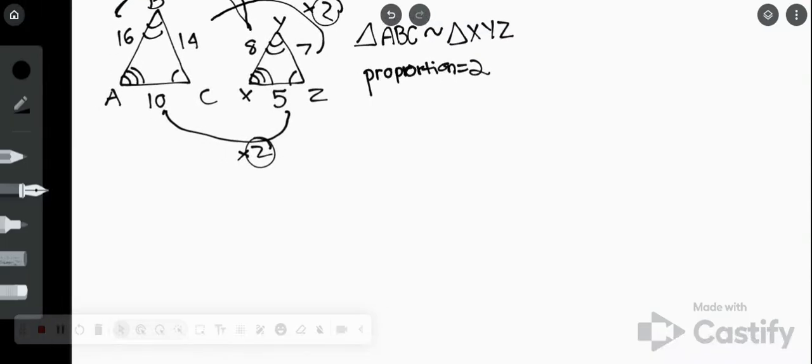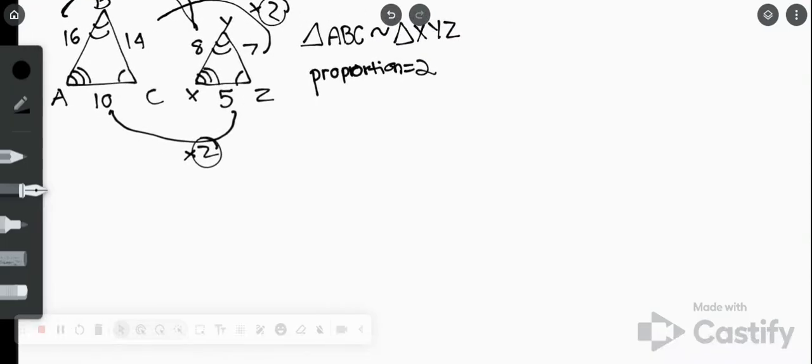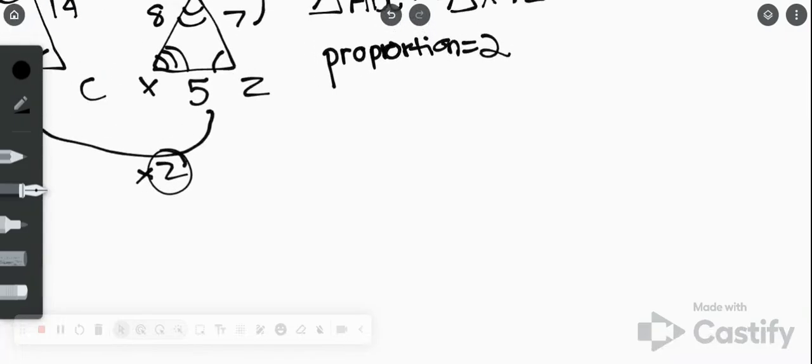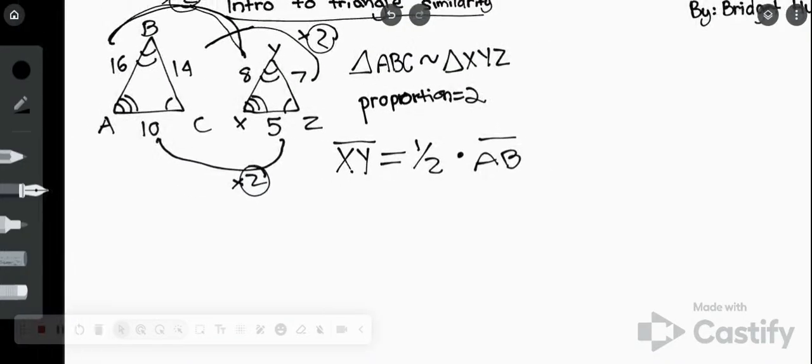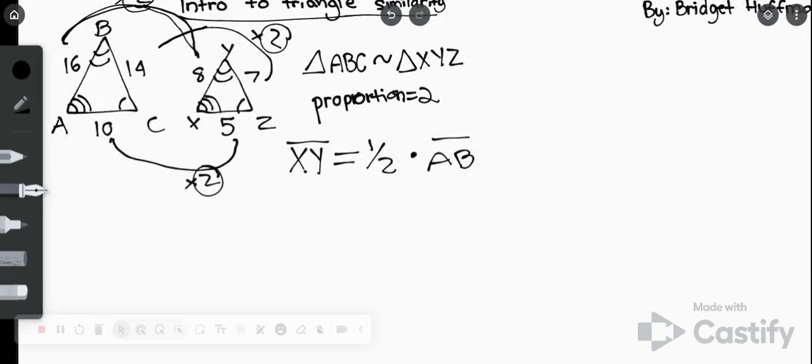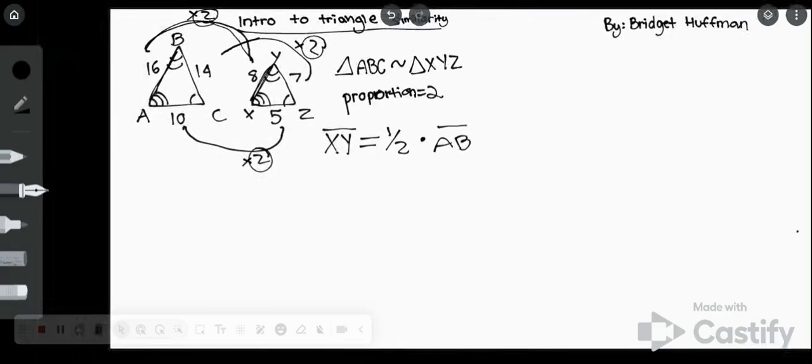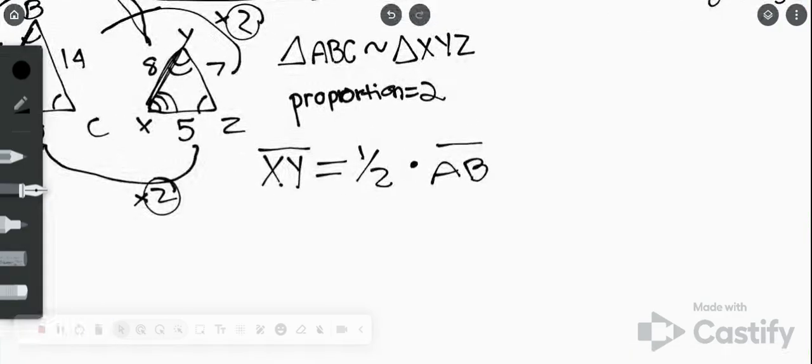Now, to show this in a more mathematical way, we can write segment XY equals 1/2 times segment AB. This is because XY is half the length of AB. So we can flip this proportion around. It can either be 2 or 1/2.